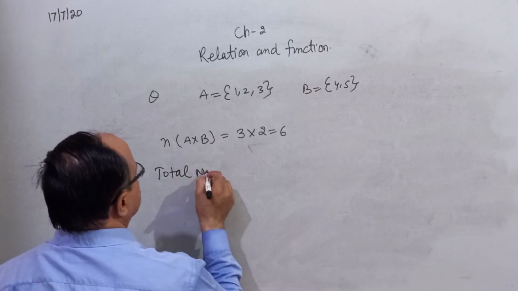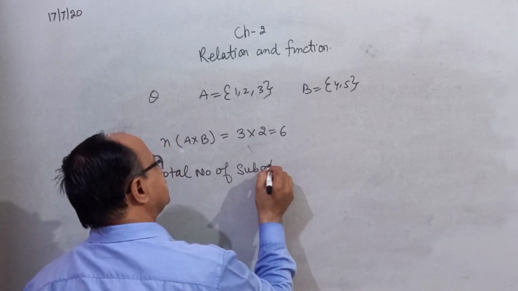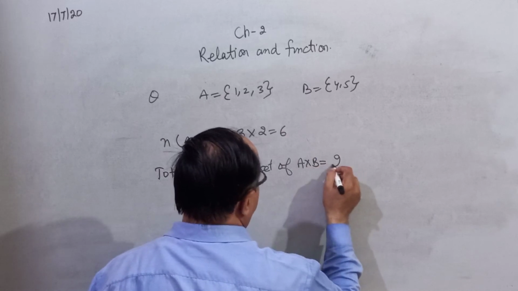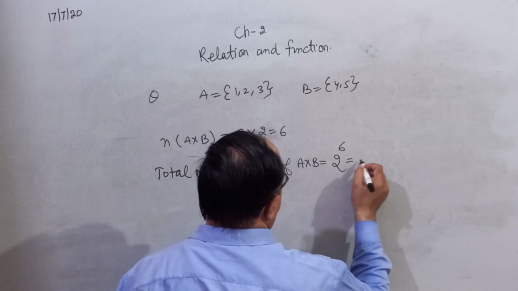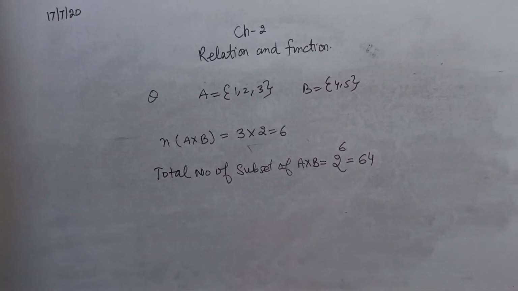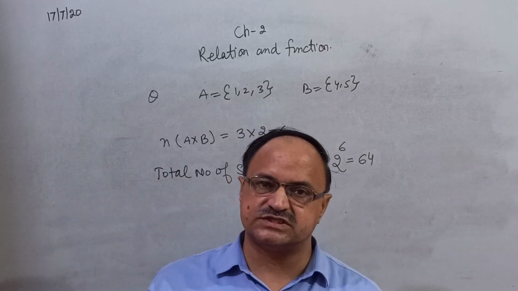Total number of subsets of A cross B: the formula is 2 to the power 6, that is 64. The same formula applies for the total number of relations. Total number of relations is 2 to the power 6, 64.